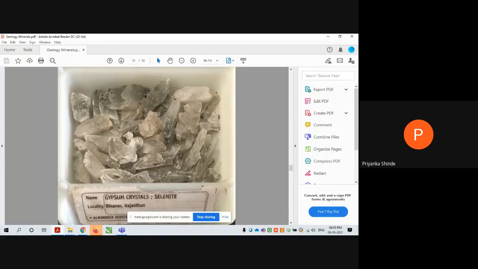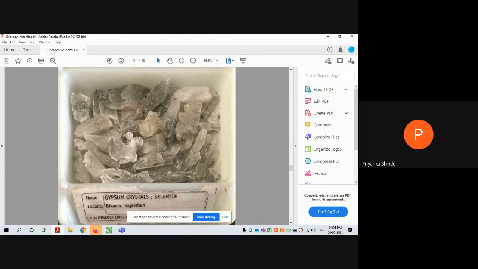So these are the gypsum crystals that we have. The hardness is 2, the cleavage is basal cleavage, and the tenacity, if you see, is flexible. The form is very flat, so you can call it tabular form. It occurs in sedimentary rocks.